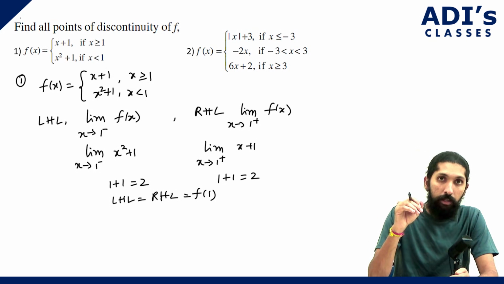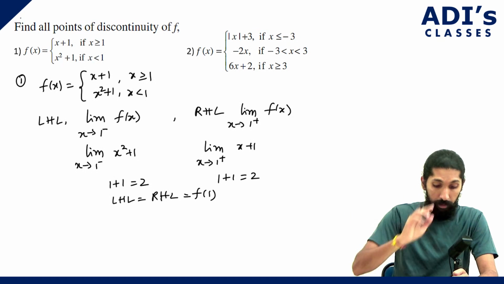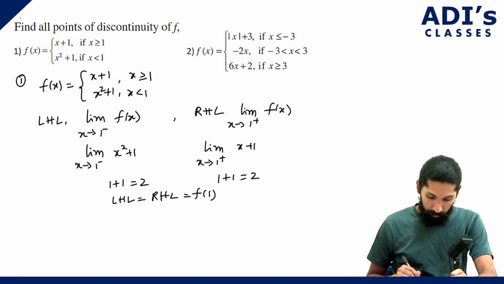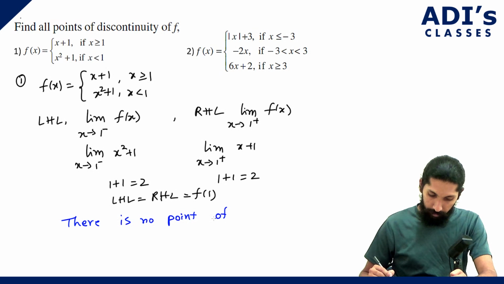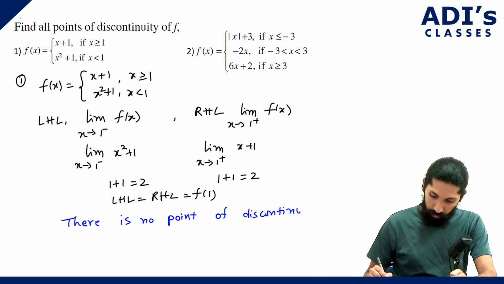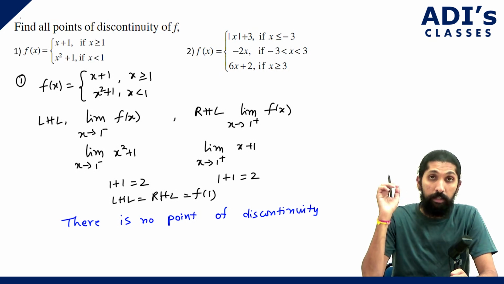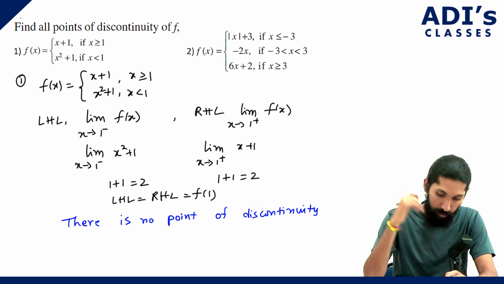So everywhere it is continuous. That means for the very first question, there is no point of discontinuity, or you can say it is continuous everywhere. This is the answer for the first question.